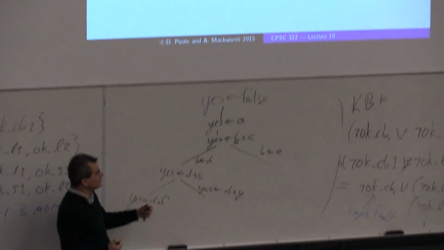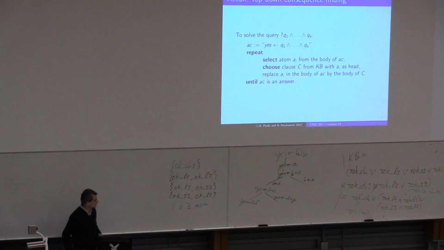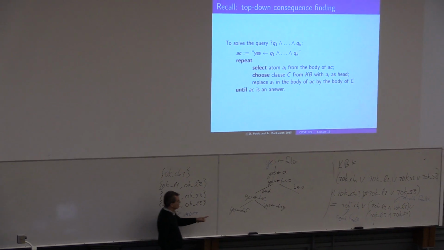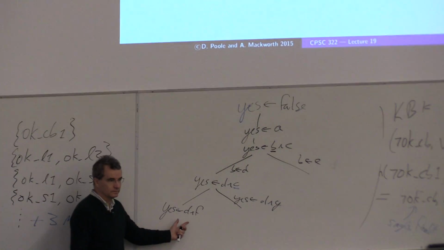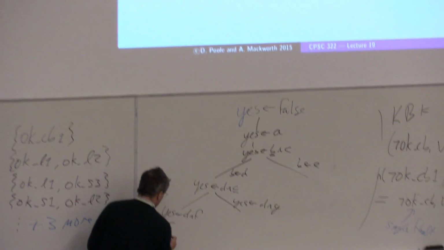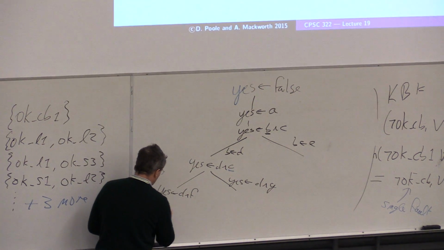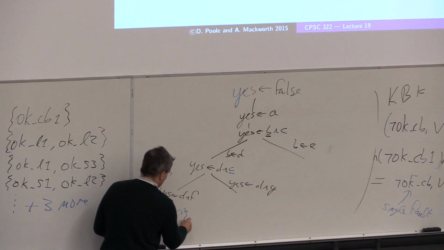They're both assumable. We're going to stop. So yes, if D and F, these are both assumable. So what do we know here? Right, so DF is a conflict. Let's write it here. So we know here that DF is a conflict.